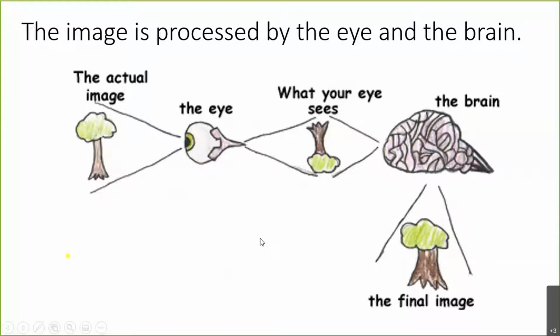Interestingly enough, the image that we actually get is upside down. And then our brain has to interpret it, turn it right side up for us, and so we see the final image. Okay? That's how it works when we're looking directly at an object.